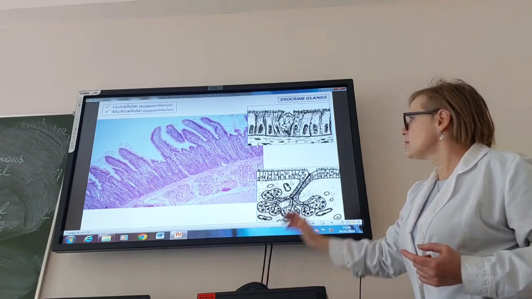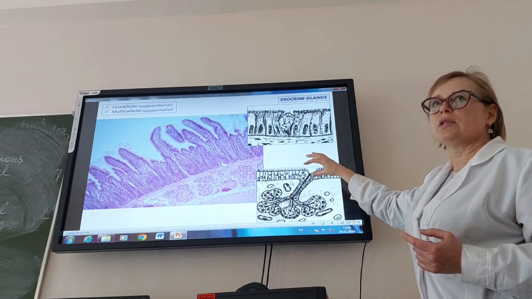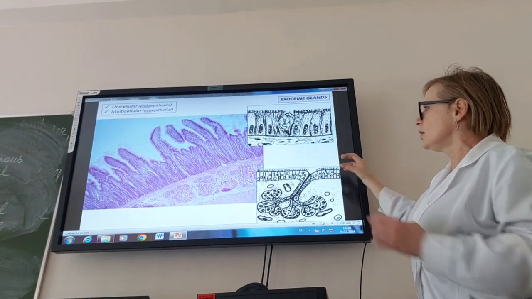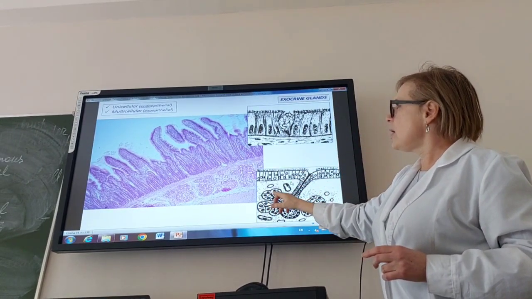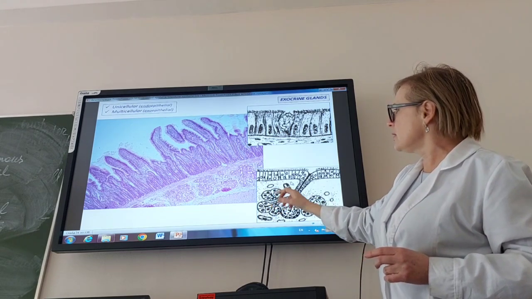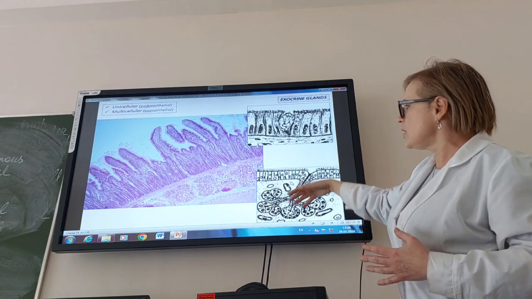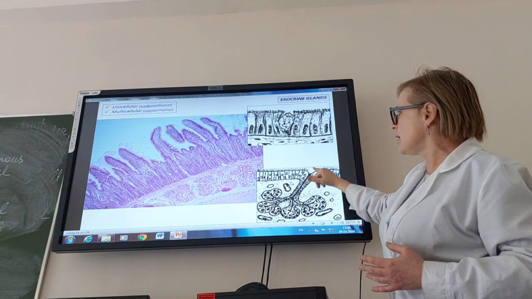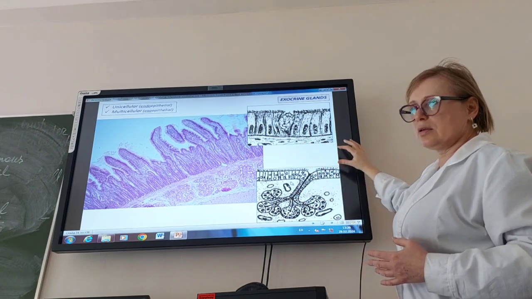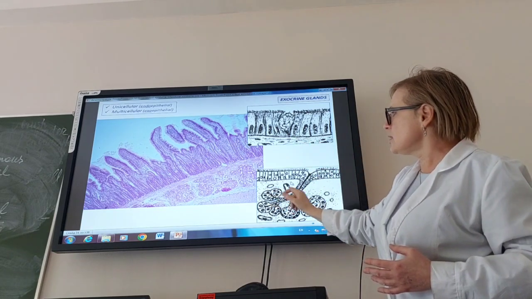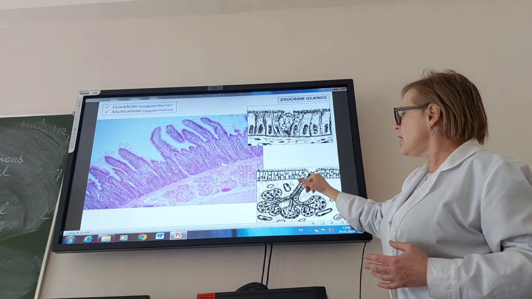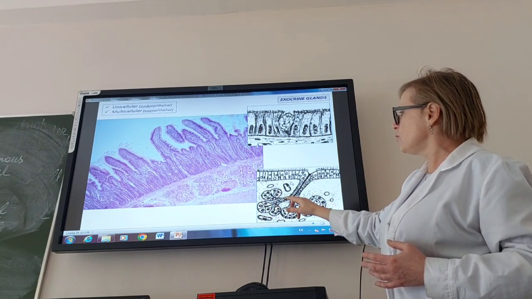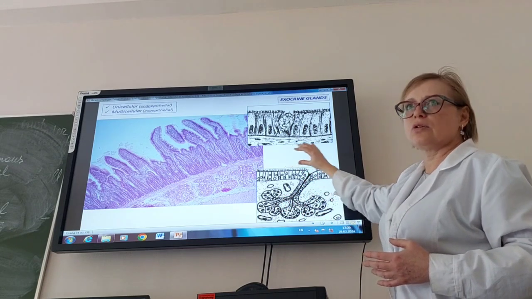But we have multicellular glands in our organism. In such case, there is no place for this cell among epithelial layers, and we can see multicellular glands. They are situated internally, but they connect with the outer surface. This is the secretory portion, this is the duct, and secretion will go through the duct again onto the surface.